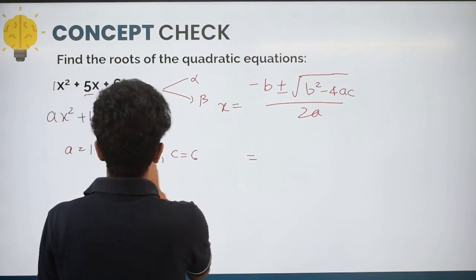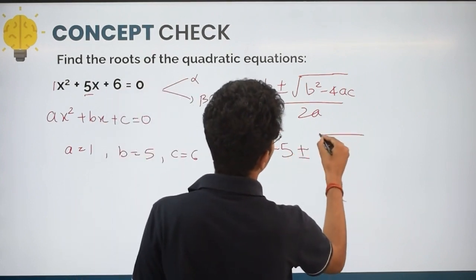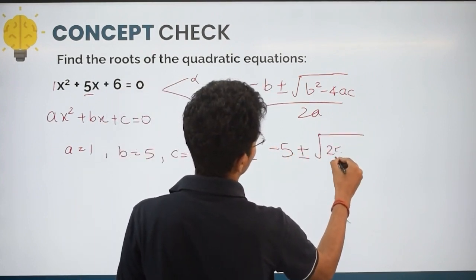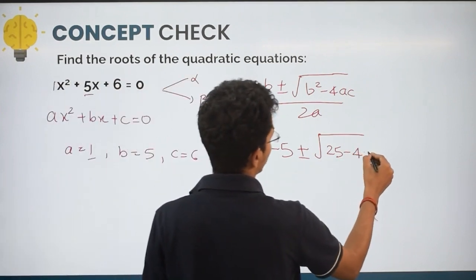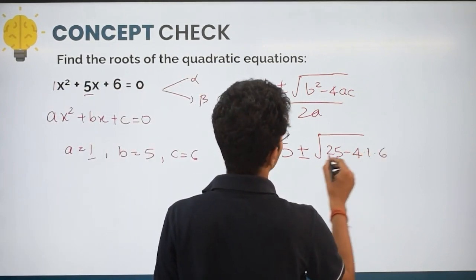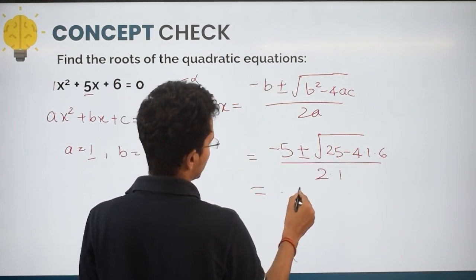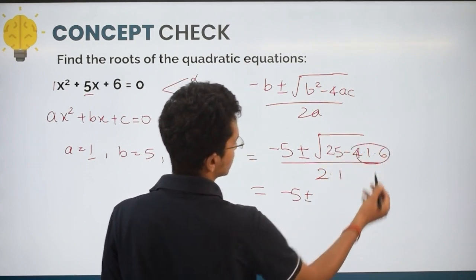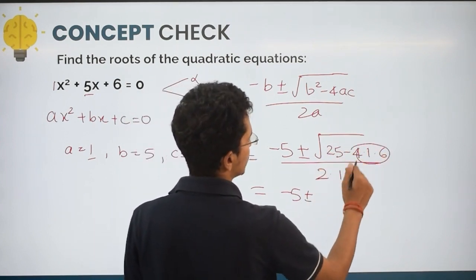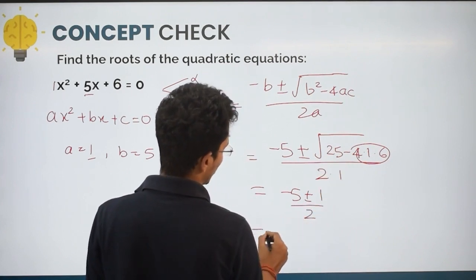So when you will put b as 5, it is minus 5 plus minus under root b is 5 square minus 4, a is what? 1, c is 6, so 4 into 1 into 6 upon 2a, a is 1, so 2 into 1. So you will get minus 5 plus minus 25, and this is 4 6s are 24, so 25 minus 24, 1, under root of 1 is 1 upon 2. So you will get two roots.